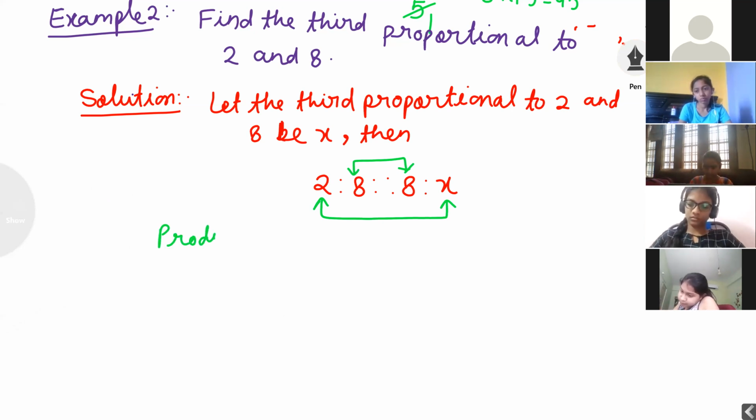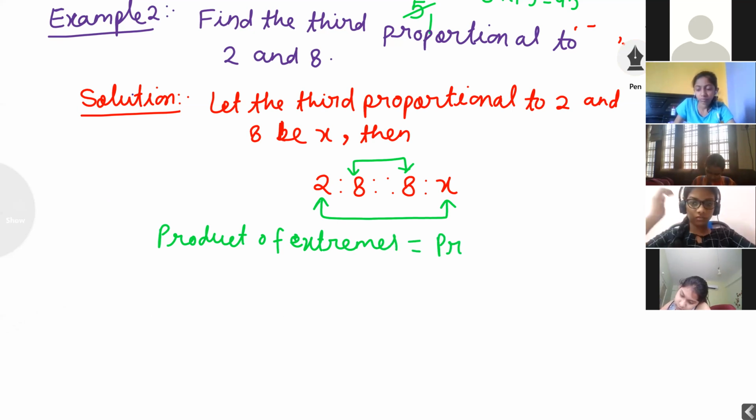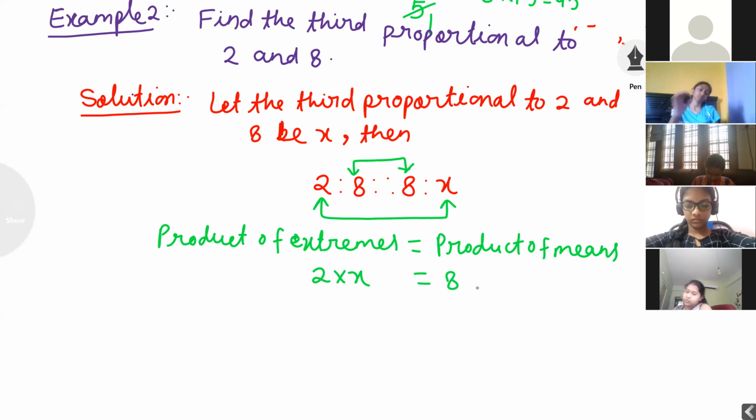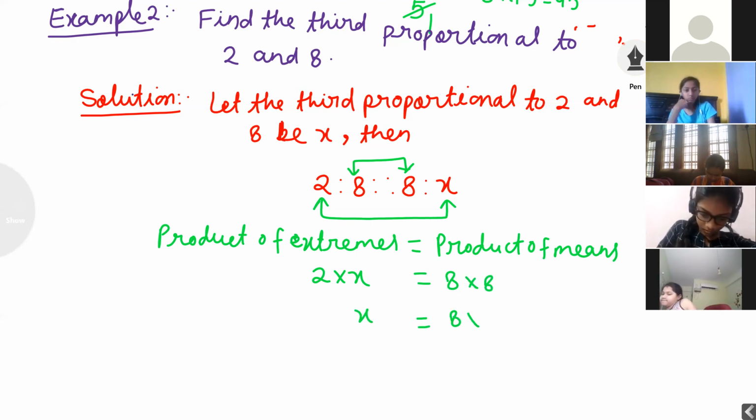Product of extremes is equal to product of means. Extremes are the first and last term. 2 into x is equal to 8 into 8. x is equal to 8 into 8 divided by 2.